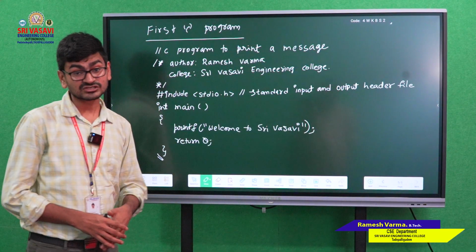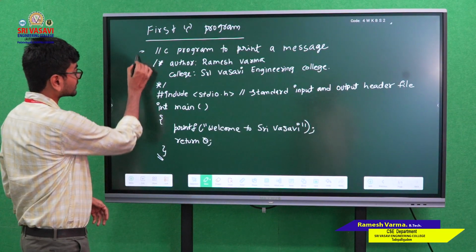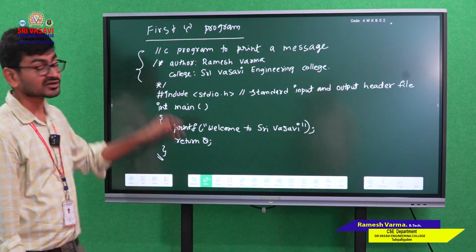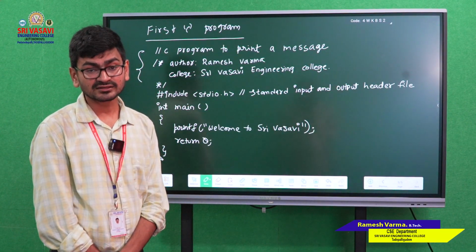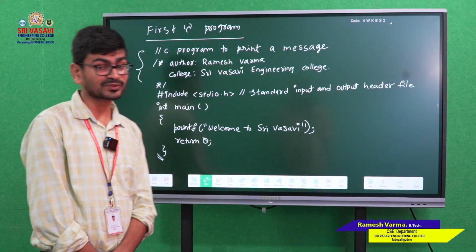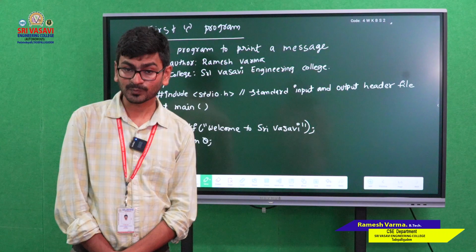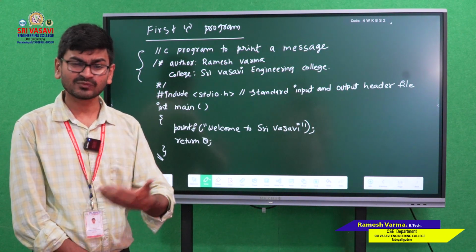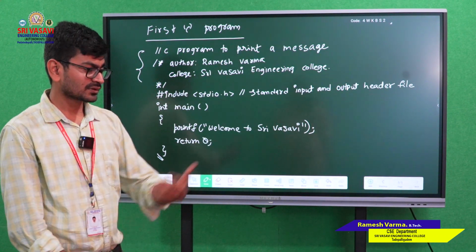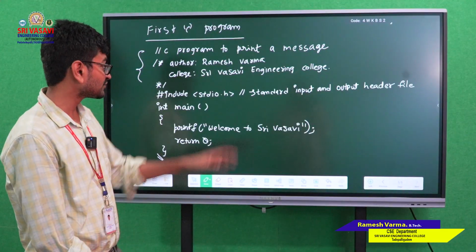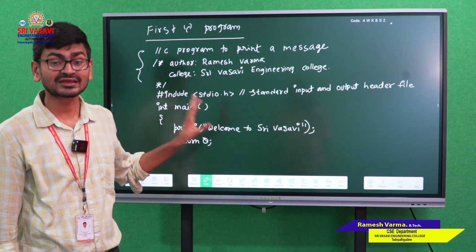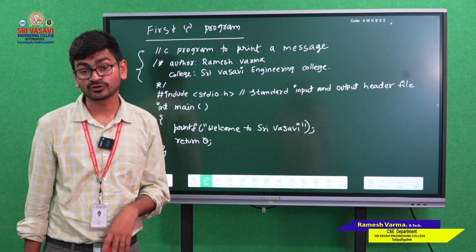So this is called the first C program, and whatever I am highlighting now, these are called comments. Comments are remarks that won't be executed by the compiler. These are just for our purpose. So if an outsider sees the program, he can understand the motto of this program.